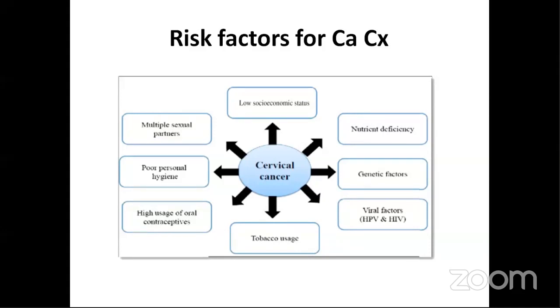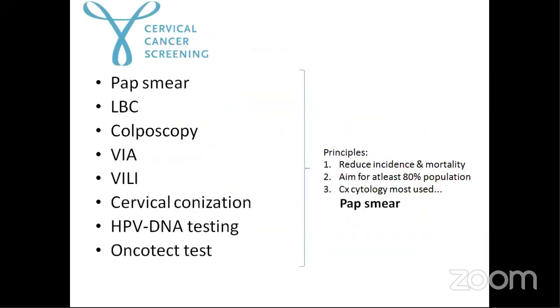So these men are high risk, and definitely the oral contraceptive pill usage, tobacco usage, smoking result in carcinoma cervix. And co-infection with HIV and other sexually transmitted diseases acts as a risk factor for carcinoma cervix.